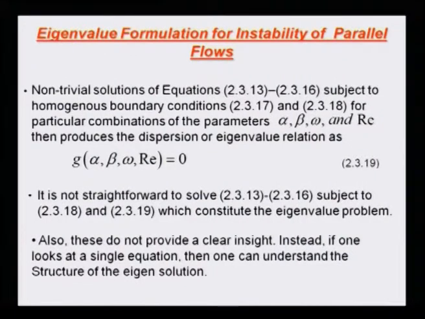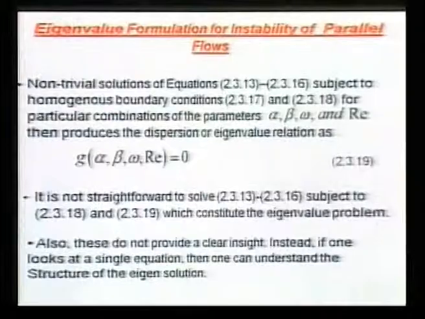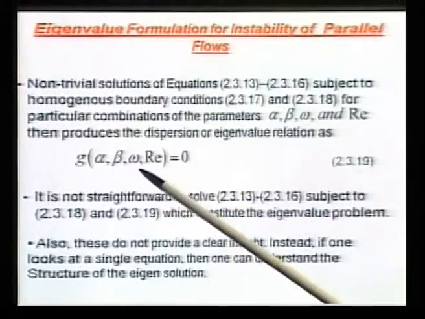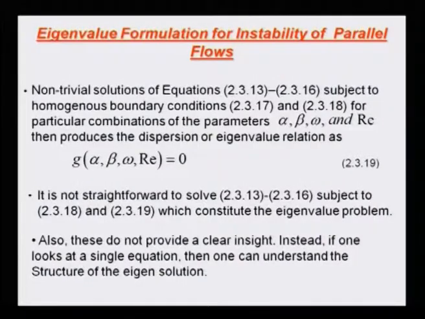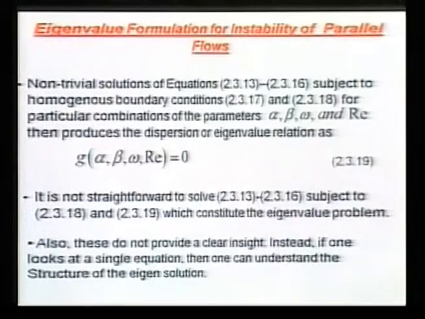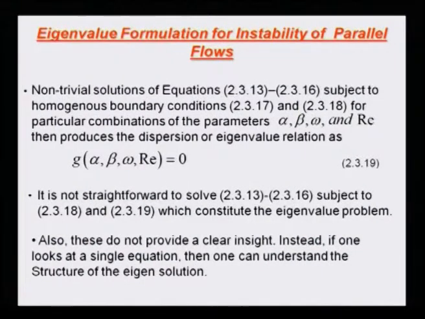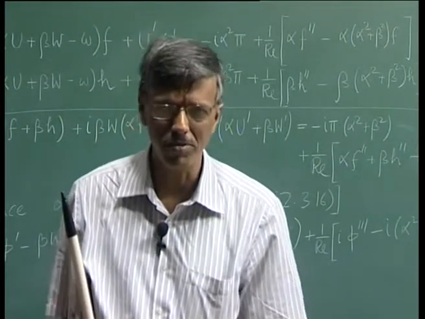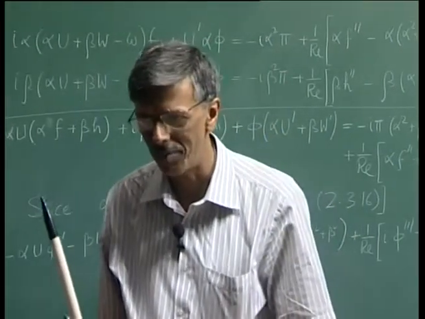What it actually means is that we are trying to find out the dependence of alpha, beta on omega. Let us say we keep the Reynolds number fixed, then this equation 19 gives us a relationship between alpha, beta and omega. And what are these? Alpha, beta are nothing but the wave numbers, the space dependence; omega is the time dependence.